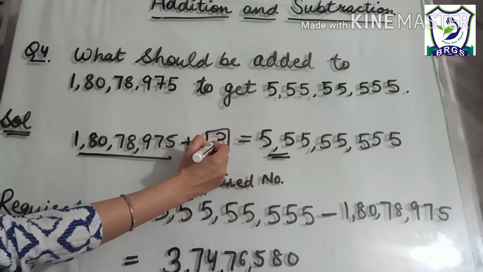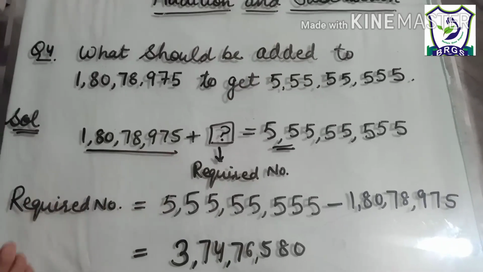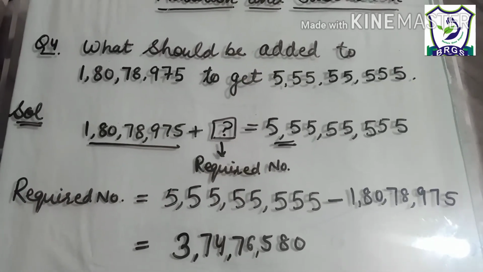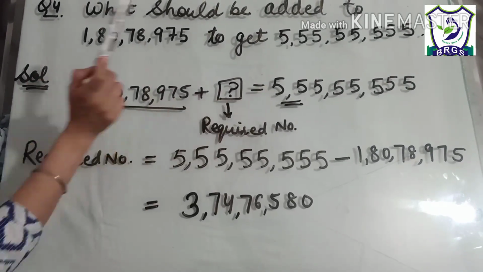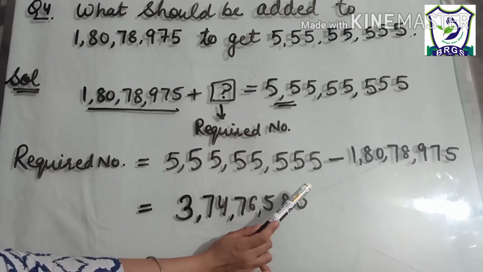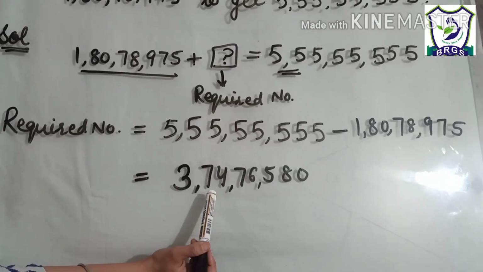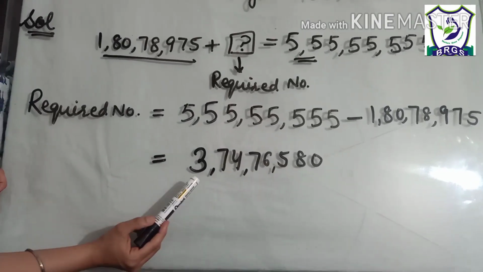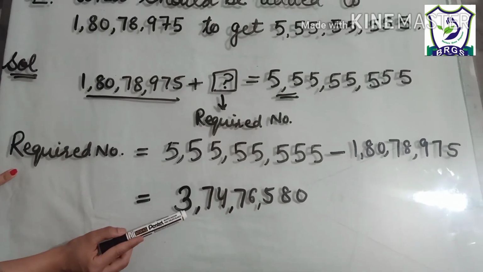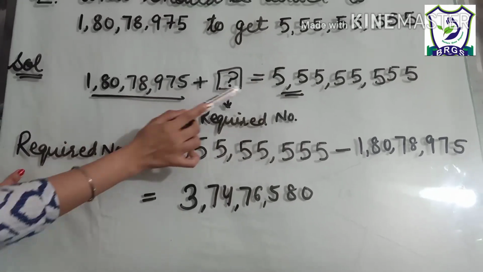This is our required number which we have to find. To find the required number, we always subtract the smaller number from the greater number. So here we will do subtraction, and we will get this number as our answer, 3 crore 74 lakhs 76,580. This is our required number, and whenever we add this number to this number, we will get this number.